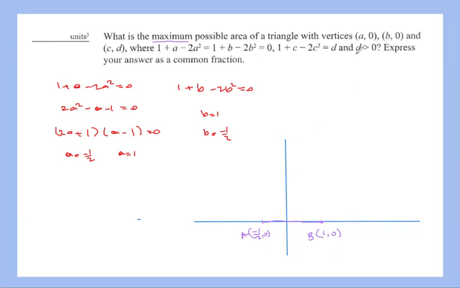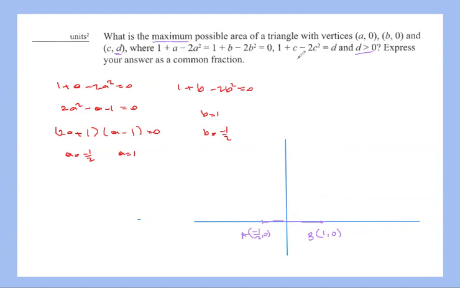So we want to make this d, which is going to be the height, because the other coordinate is c comma d, but c doesn't really matter. It's just our x-coordinate, because if you choose a coordinate point somewhere, the d value will determine the height of the triangle, either below or above the x-axis. So whenever you maximize d, the area will be maximum as well.